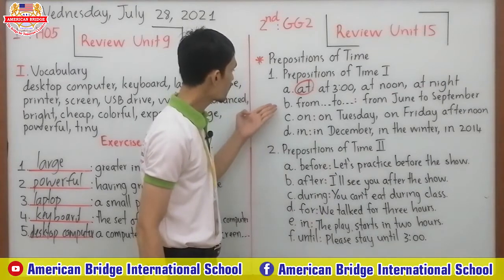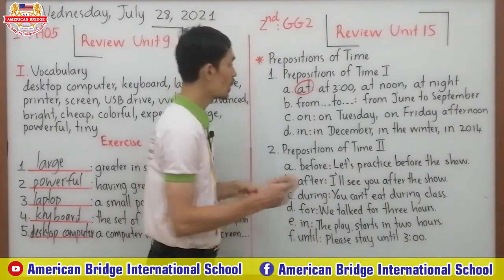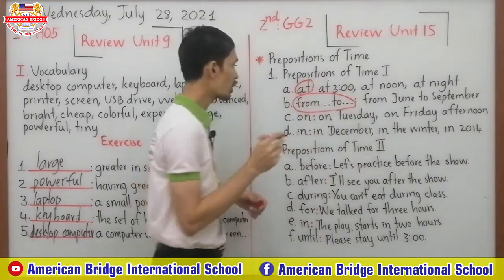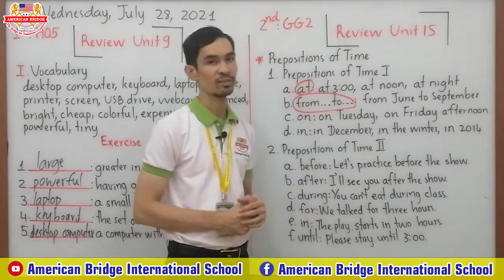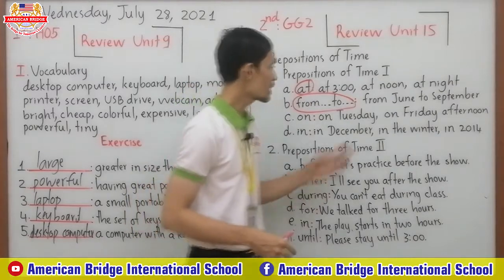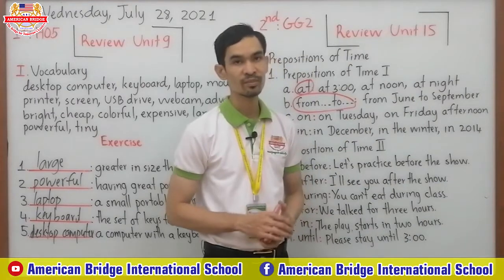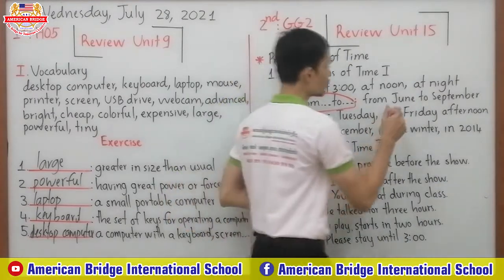And the second one, we focus on the preposition "from ... to ...", right? For example, from June to September.